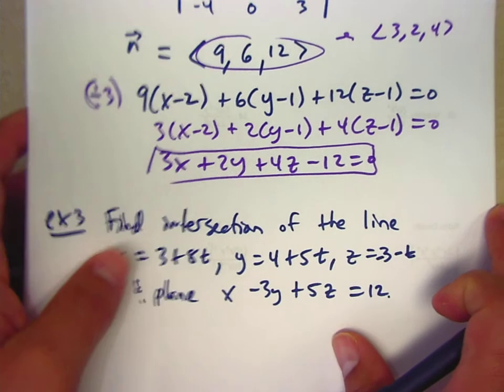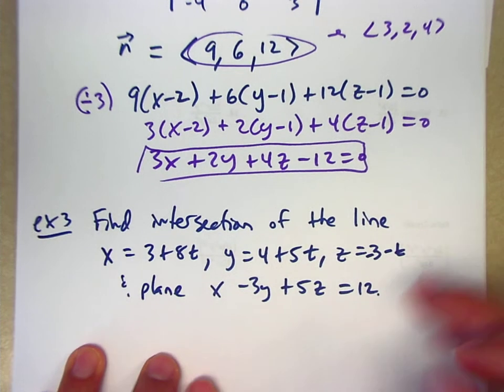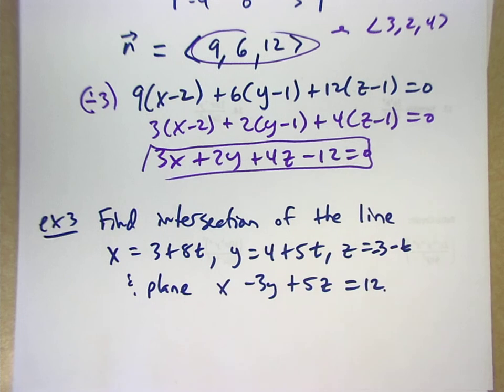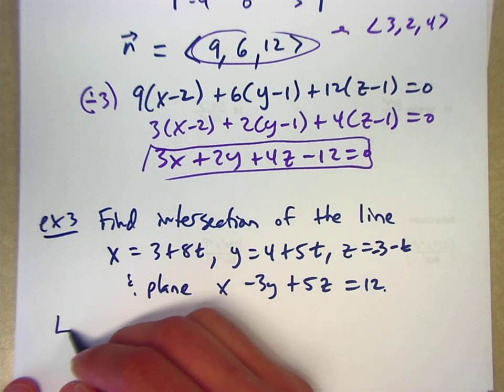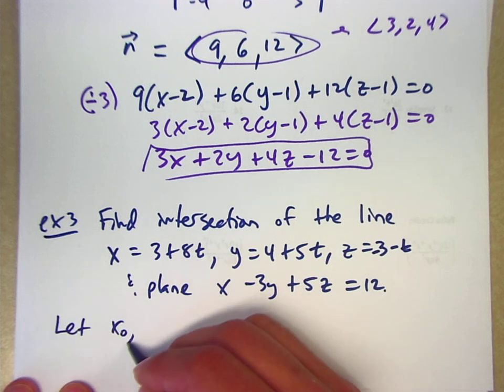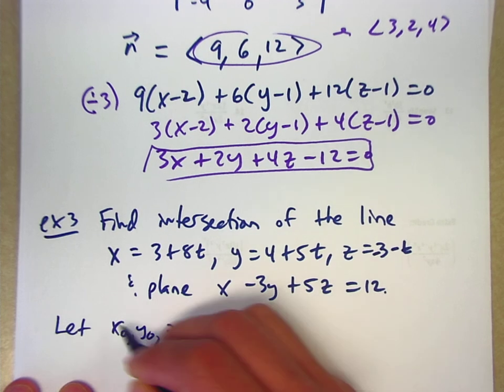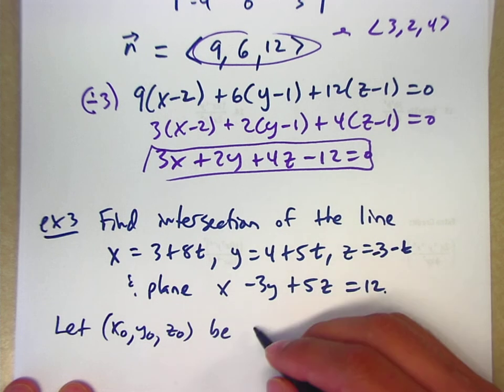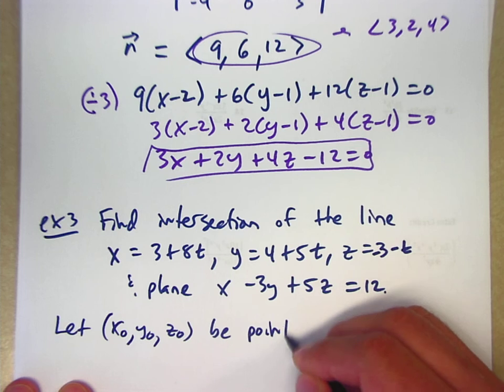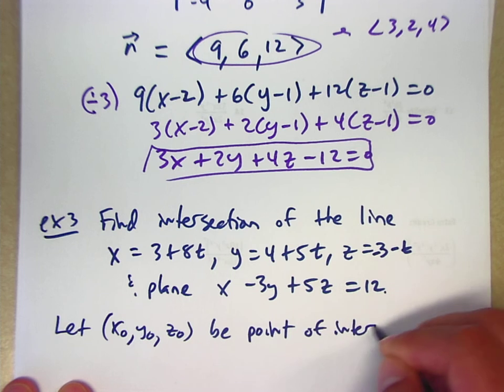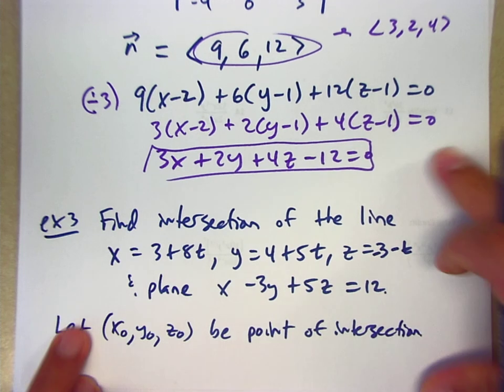How's this? Okay, so here's the solution. Probably the easiest thing to do is to just let x naught, y naught, z naught be the solution, the point of intersection.